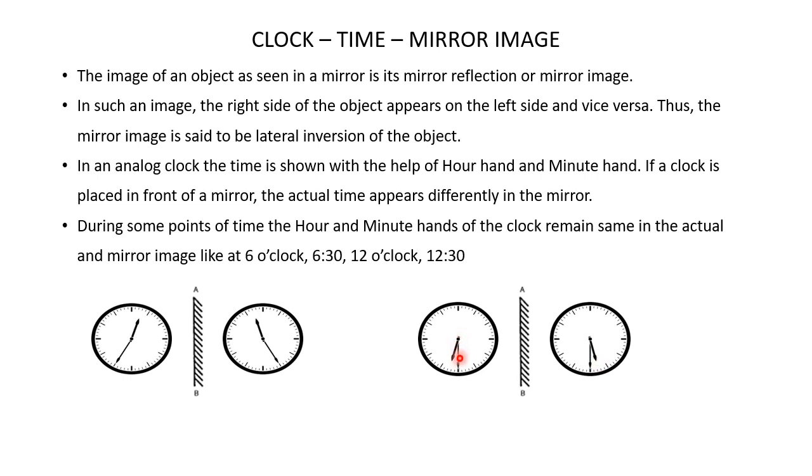Now the minute hand is exactly pointing towards 6 and is in the straight vertical line. It is neither to the left nor to the right. So in the mirror image, the minute hand will be in the same position, that is, it will point towards 6. So if the actual time is 6:30, then in the mirror image the time would be 5:30.